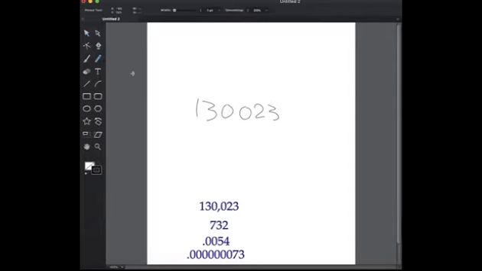If we put the decimal point here, this would be 13, okay? That's still above 10. So we have to put the decimal point here. Now this number is above 1, 1.30023. This is above 1, but it's lower than 10. This is what a scientific notation should look like.